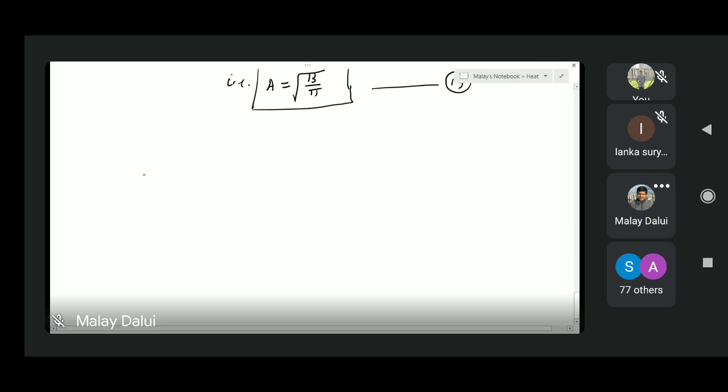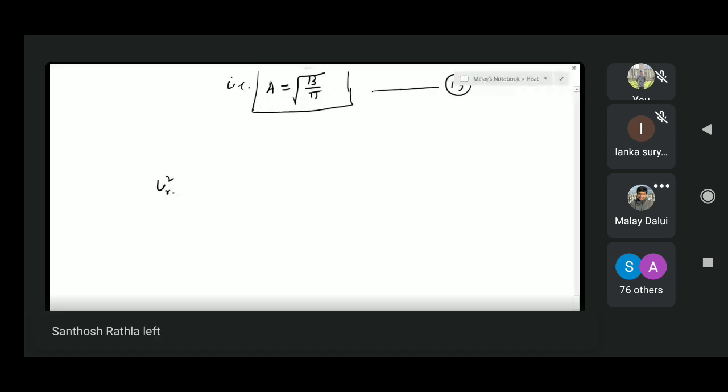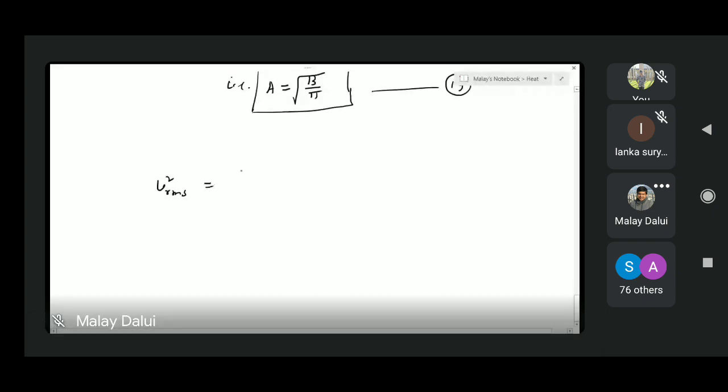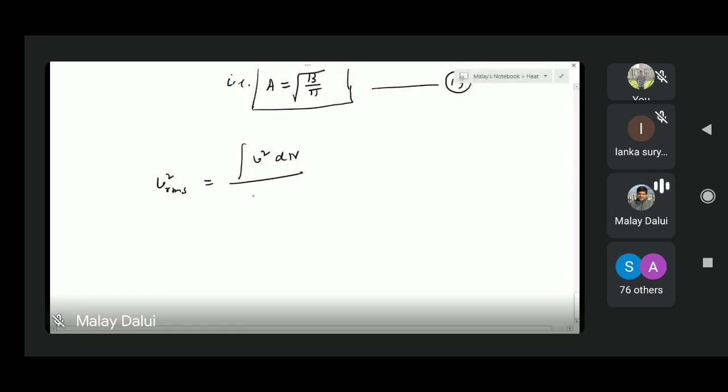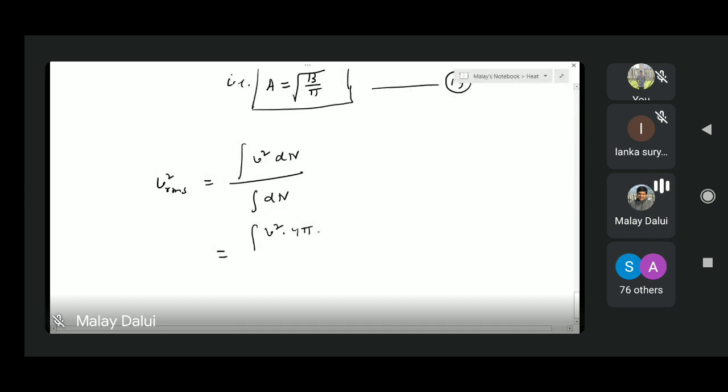Now, v square RMS is defined like this: integral v square dn over all n. So integral v square dn is 4 pi a cube. What is the expression of dn?